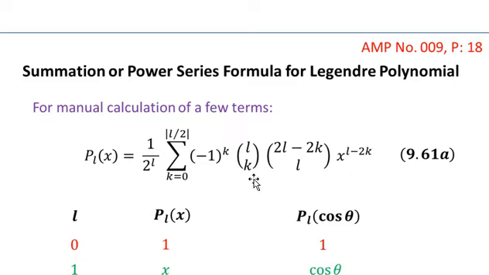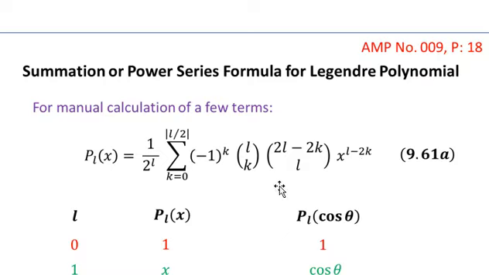This is LCK, the same variable that appears in the expansion formula of the binomial series, and the other is 2L minus 2K choose L, the same type of variables, which is called NCR variables. And then you have x raised to power L minus 2K. So this is the power series formula.